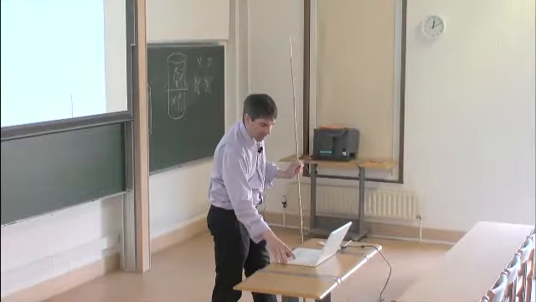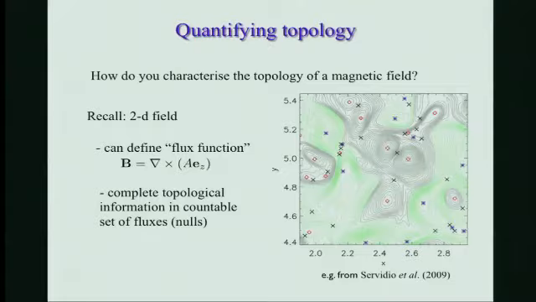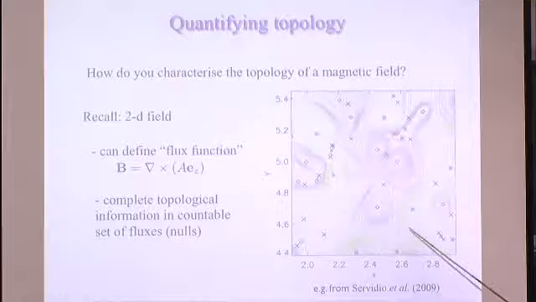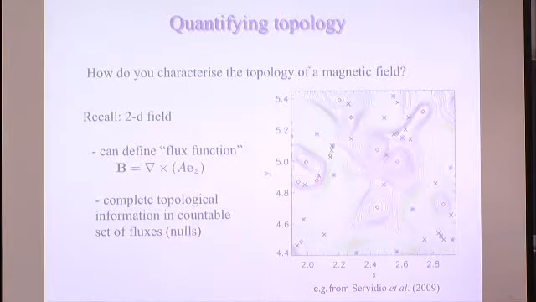properties. So let's go back and look at a much simpler case, a two-dimensional field, just to get a feeling for what is going on. Now, a two-dimensional field is easily characterized by a flux function. Here's a contour plot of such a flux function for some complicated field.